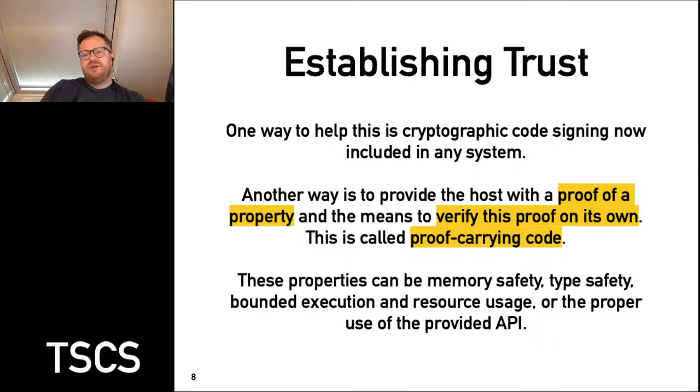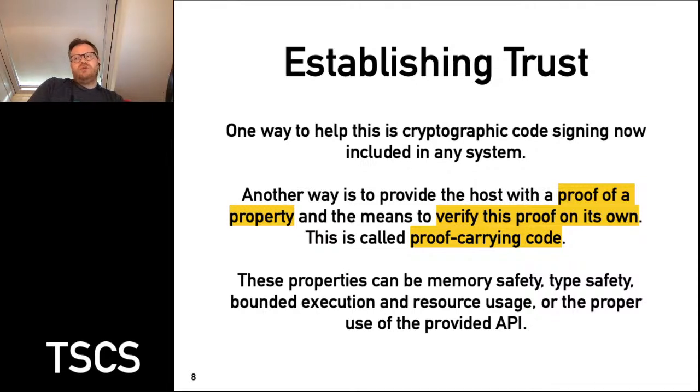You provide the host, so the person executing the code, with the proof of a property and some means to verify this proof on their own. The idea behind that is so-called proof carrying code. You can do this for some basic properties, but you can ramp this up even to things like non-interference, as we've seen before.